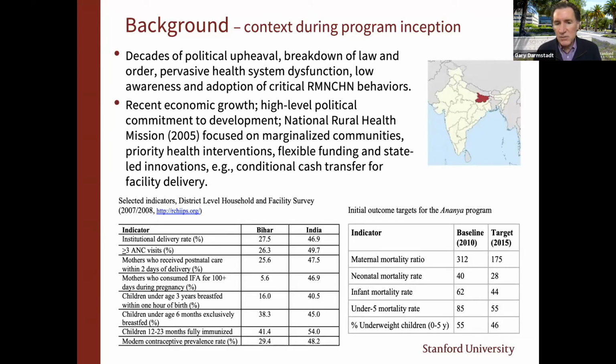So there were some things to build on. But as you can see in these indicators, coverage rates of key maternal and child health indicators were very low, and mortality rates and health status indicators were among the poorest in the world. Yet this project was very ambitious in setting clear targets for massive improvement within the state.